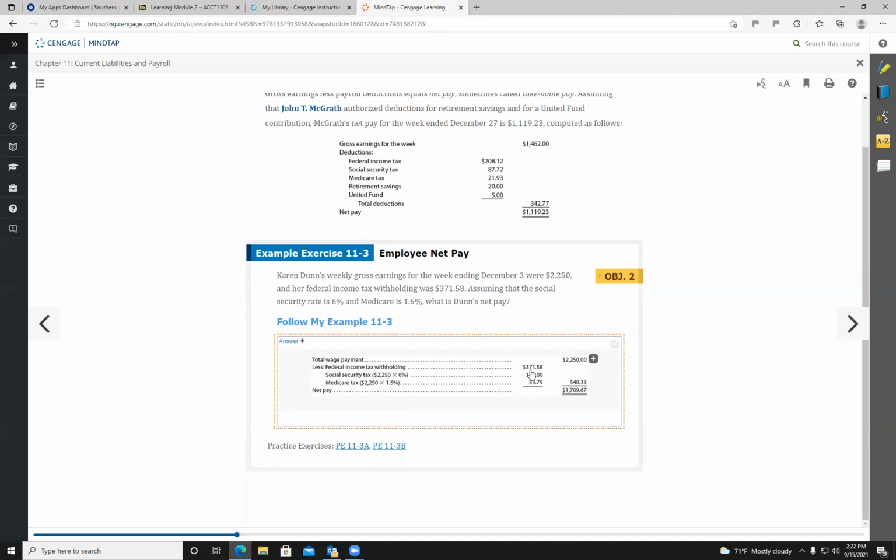That was $371.58. So then we're going to take that $2,250 and multiply it by 6%, and that is $135. Take again the $2,250 and multiply it by 1.5% for Medicare, and that's $33.75. Add up her total deductions, and they equal $540.33. Subtract that out of her total wages, and her net pay is $1,709.67.